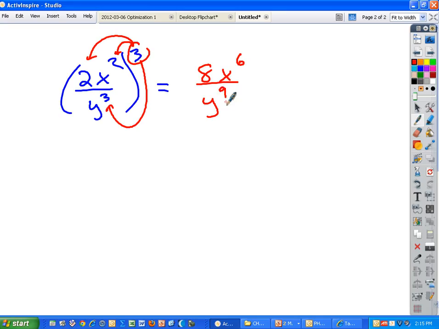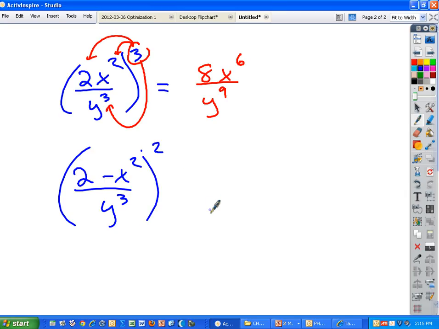Okay, what about this one? What if I have 2 minus x squared over y cubed, all squared? The same thing. So I can't distribute on the top, can I?